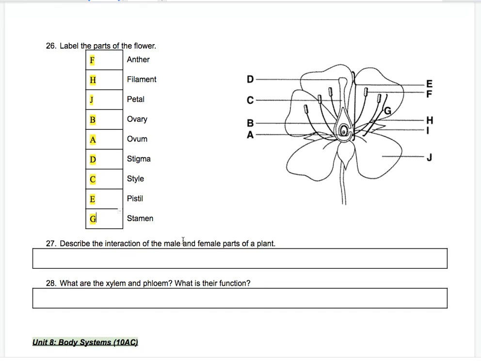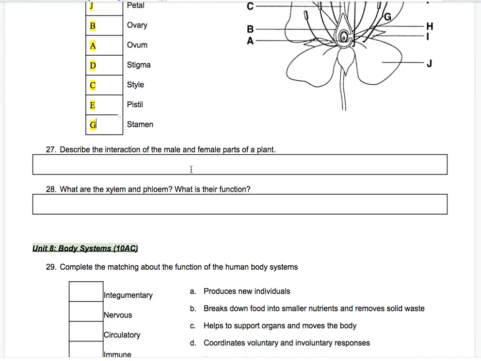Number 27, describe the interaction of the male and female parts of the plant. Well, the anther, which is the male part, is responsible for producing pollen. And those pollen grains are going to fall onto the stigma, which is the female part.